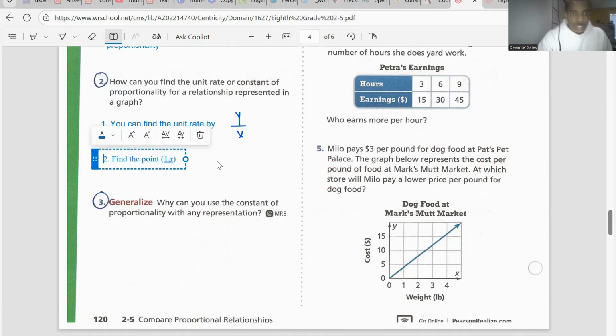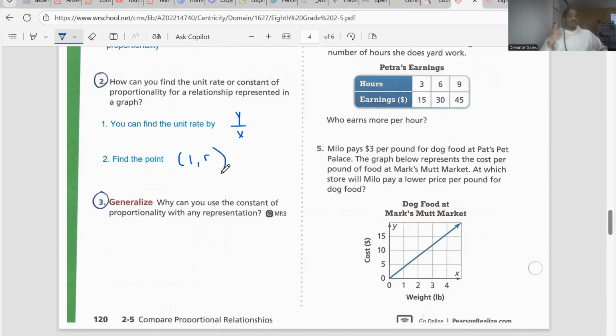What does that mean? I don't know why I didn't show it, but it's the point 1 for X and R for Y. Can somebody tell me why the point 1, R would help us to identify our constant? Anybody?